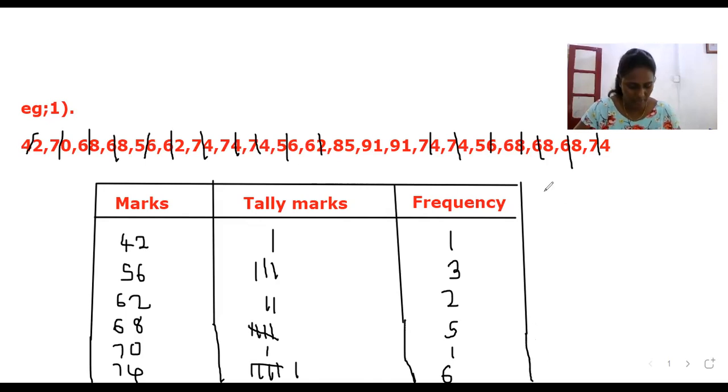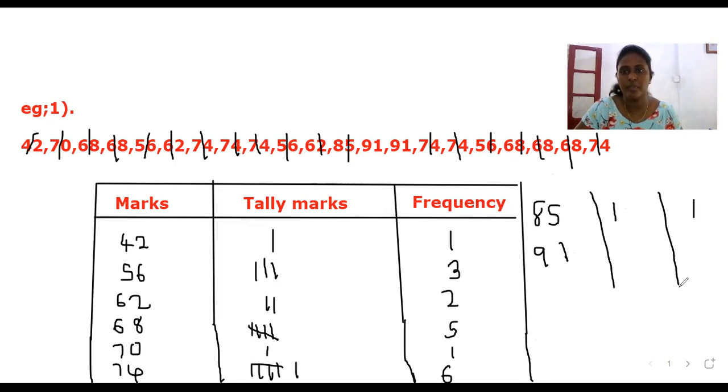I just do it here. We have another 2 numbers, 85 and 91. 85 we have only one time, so tally also 1, number is also 1. Then 91, how many times? 1, 2. So like this you can continue the tally table.